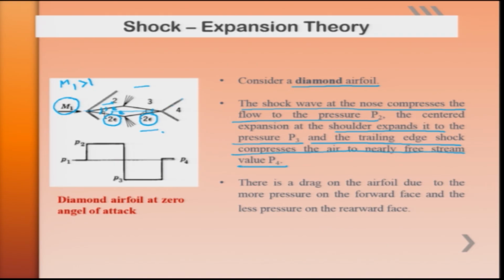However, this P4 will be the same as P1, that is, the free stream pressure. Because of this compression and expansion process, if I draw a plane from the mid point, which divides this airfoil into two halves, then the forward zone has higher pressure than the rearward zone.